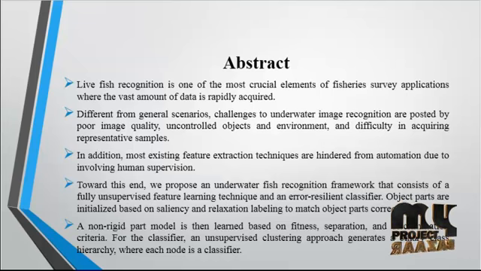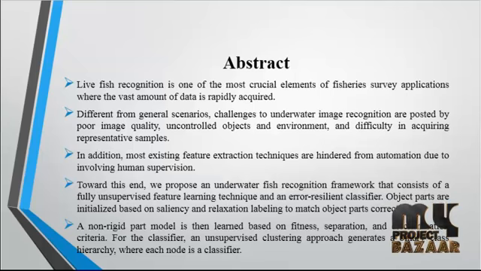Towards this end, we propose an underwater fish recognition framework that consists of a fully unsupervised, hence the process is also semi-supervised, feature learning technique and an error-resilient classifier. Object spots are initialized based on saliency and relaxation labelings to match object spots correctly.